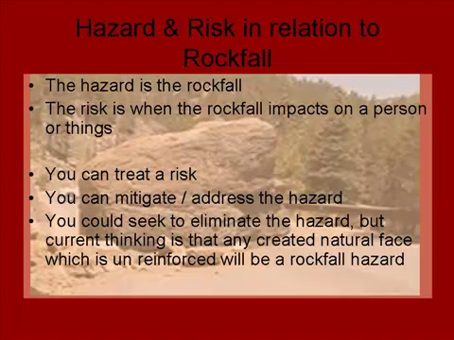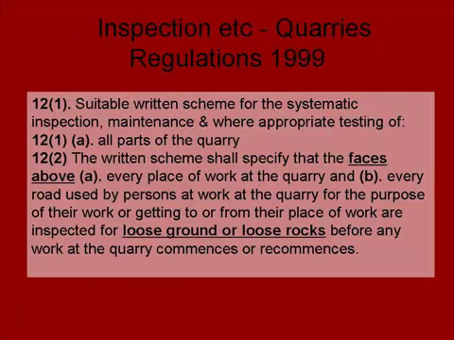Right, now on to the parts of the quarries regs which relate to the management of rockfall. Inspection. 12.1, suitable written scheme for the systematic inspection, maintenance and where appropriate testing of all parts of the quarry.